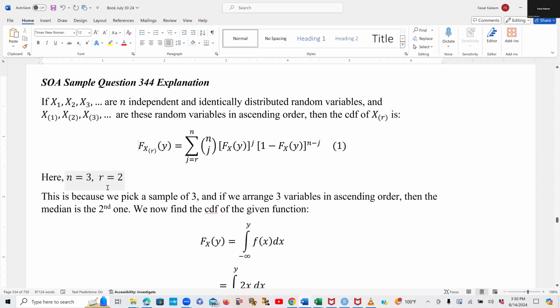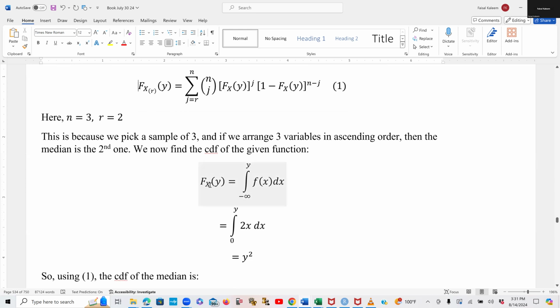And now, in this formula, we need the CDF of the main function, F_X(y). We know that the CDF is just the accumulation from negative infinity up to that point. So the CDF at y will be the integral from negative infinity to y of the PDF.